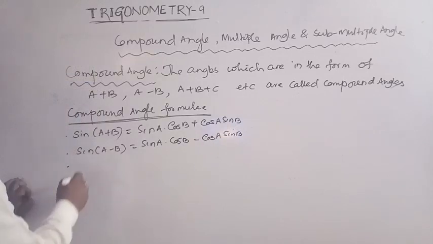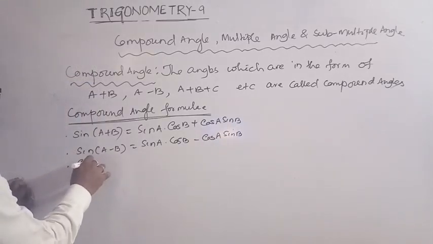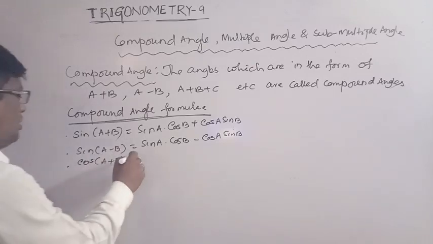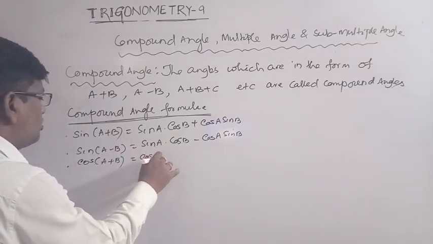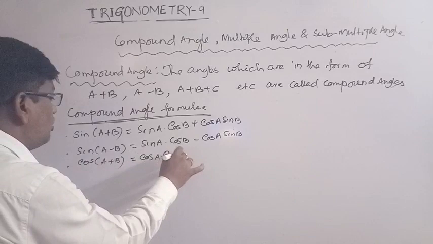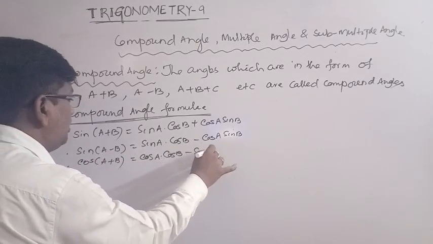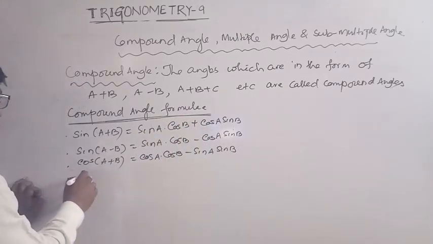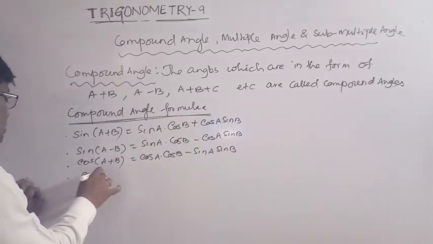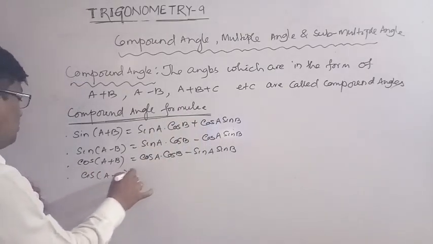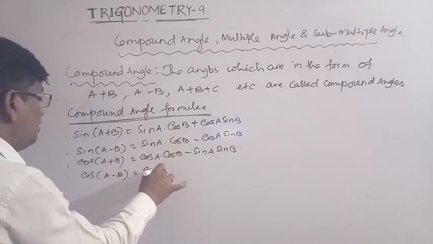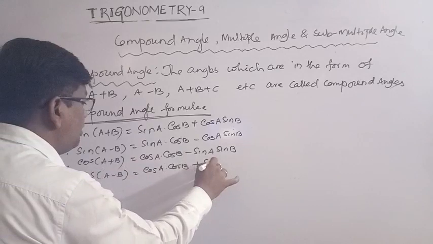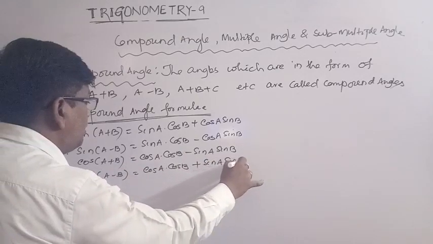Okay, so cos a plus b, this is also class 10th. So cos a plus b is equal to what? Cos a cos b minus sin a sin b. Then cos a minus b is equal to cos a into cos b plus sin a into sin b.